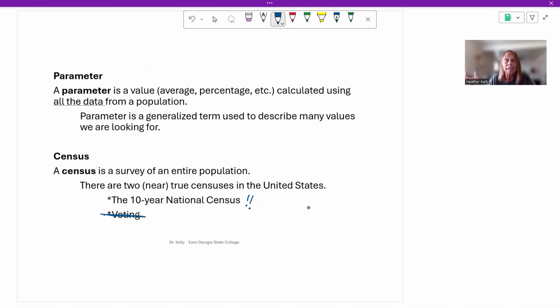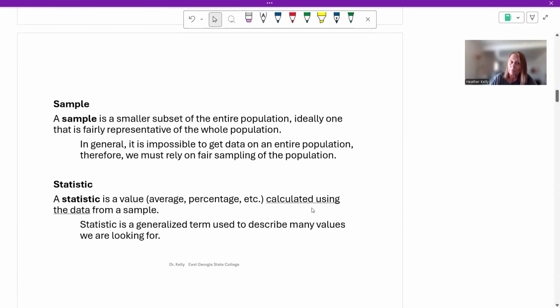But generally surveys don't ask every single human being in a particular population. We usually do things called sampling. A sample is a smaller subset of an entire population, and almost all statistics are done on a sample. The conclusions that we get from a sample, we can then extrapolate or project onto the entire population.